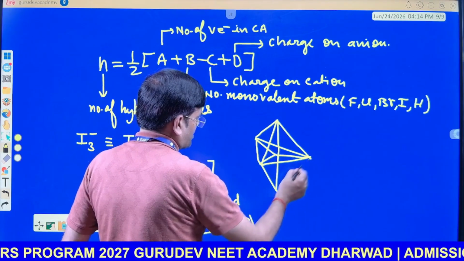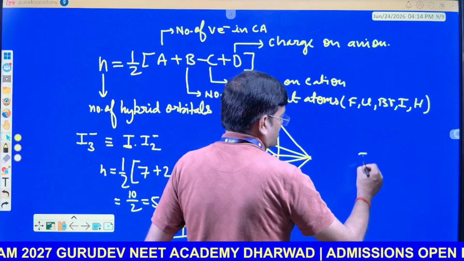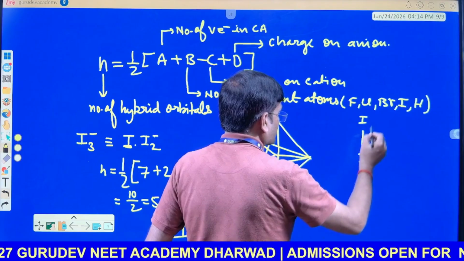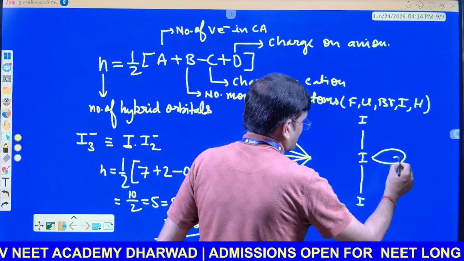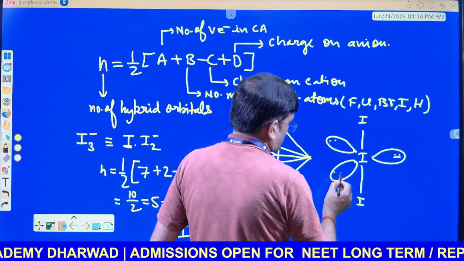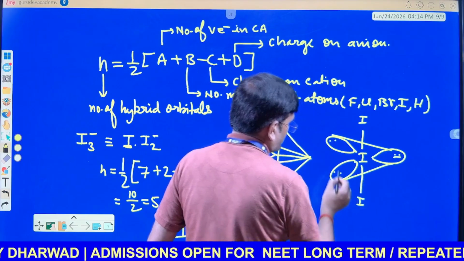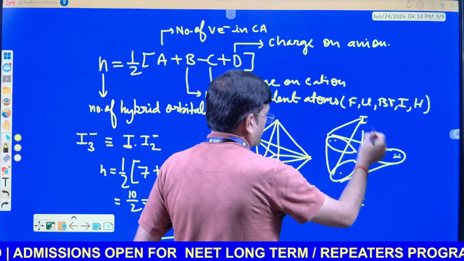So it seems to be a little complicated. I'll tell you in a simple manner. See, iodine is there. One iodine is there at the equatorial, one more at the equatorial. One negative along with lone pair, and two lone pairs on this side. So just see, if you join them, it will look like this.